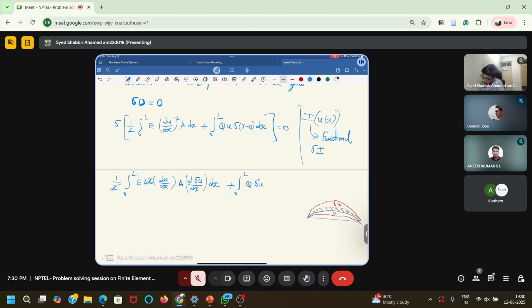And this will become q into del u into del x minus 0 dx is equal to 0.